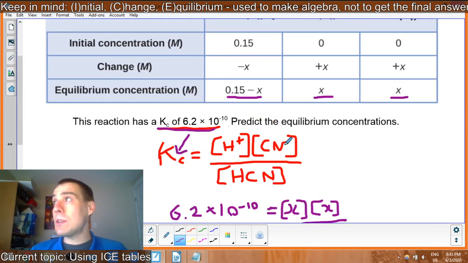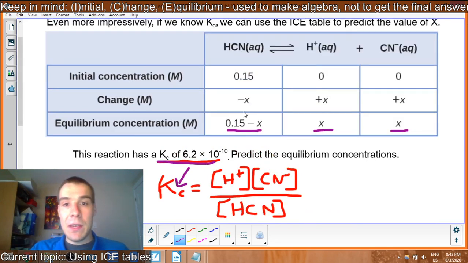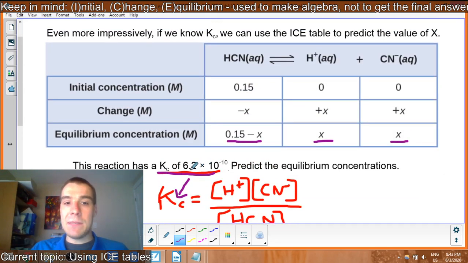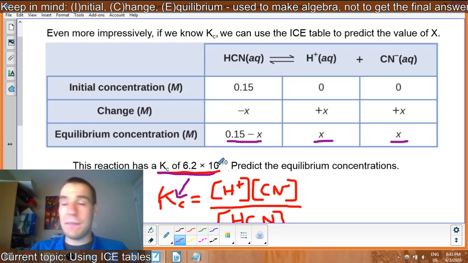But there's a practical shortcut we can take, because chemistry is a very practical science. And that's thinking about what this means. 6.2 times 10 to the minus 10 means that the reactant is heavily, heavily favored. So that means that X is going to be exceedingly small. If K is such a small number, X is going to be very small.